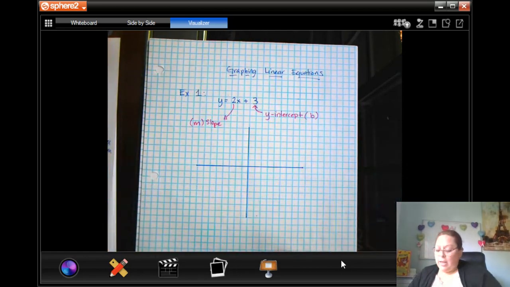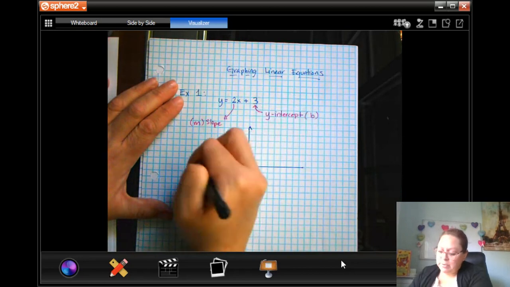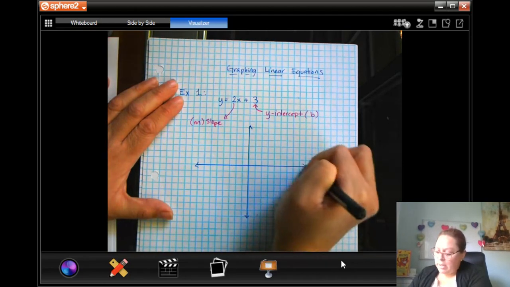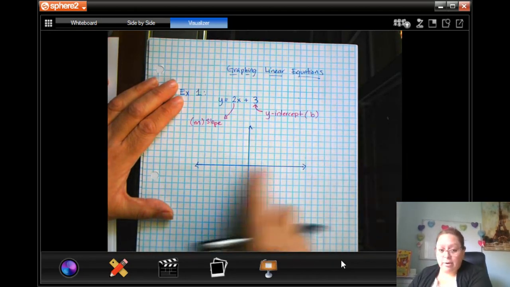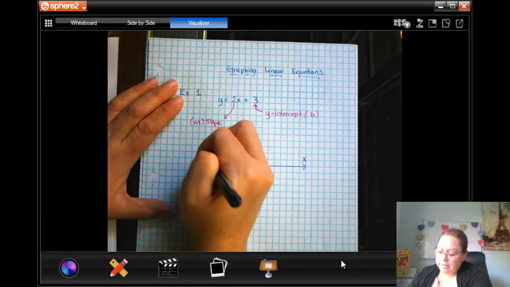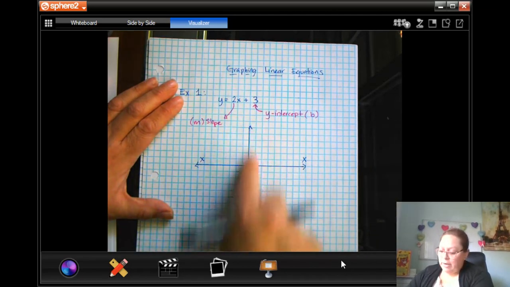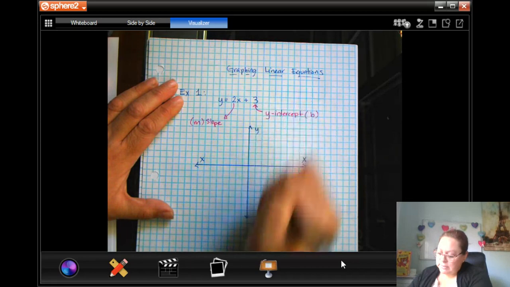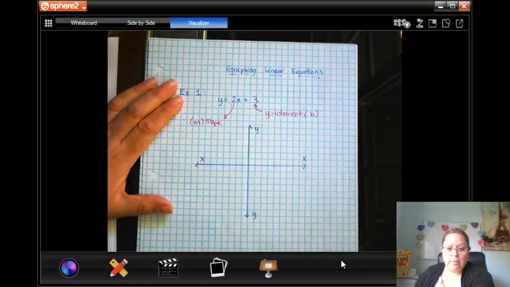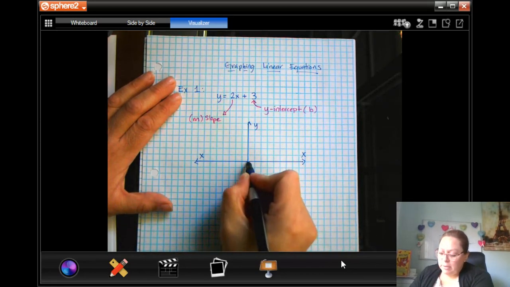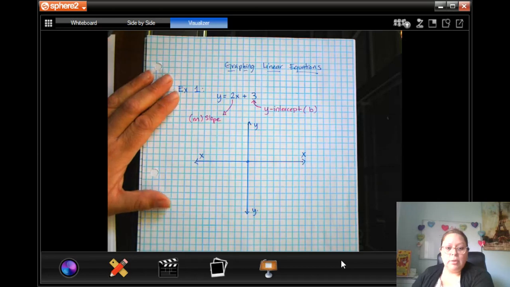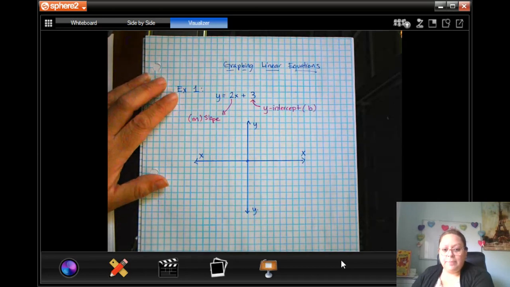And then don't forget that you want to be able to label your x and y. So remember that this line right here going across, that is your x. And this line right here, that is your y axis. Okay, so label that. Don't forget right in the middle you have 0. Okay, so you can label that there if you like.